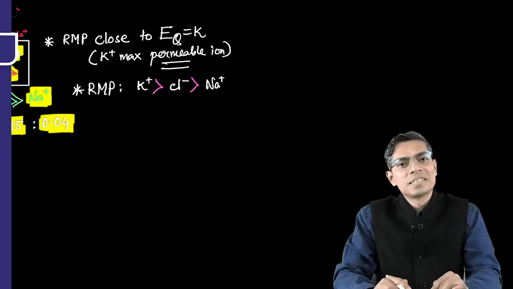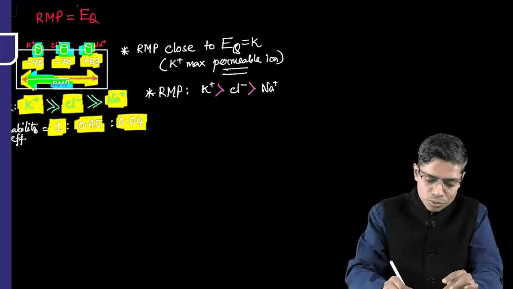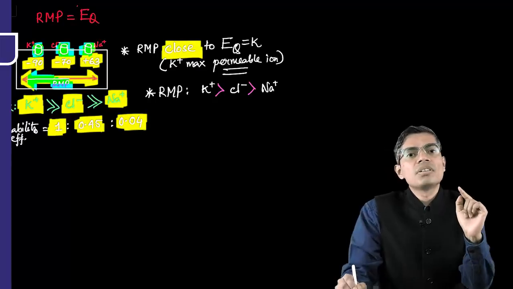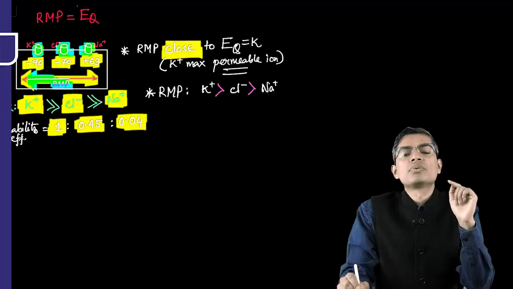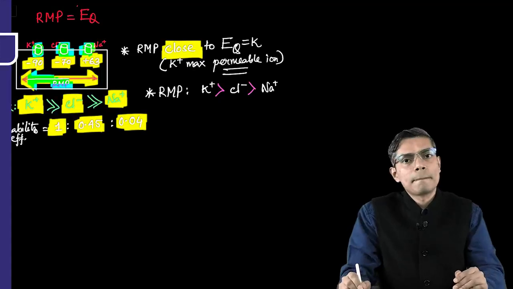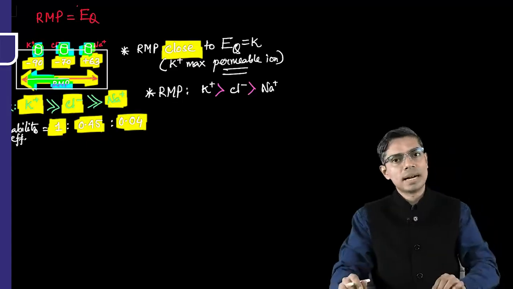So now I can understand that if the question is RMP is close to equilibrium potential of which ion, then they are asking a concept that in resting condition which ion is maximum permeable through cell membrane. And if it is maximum permeable, RMP will move close to that ion.